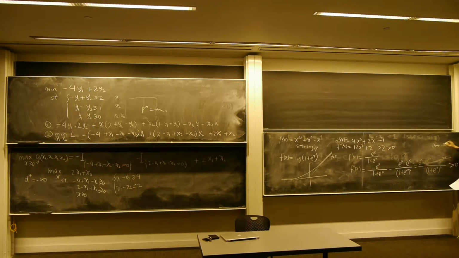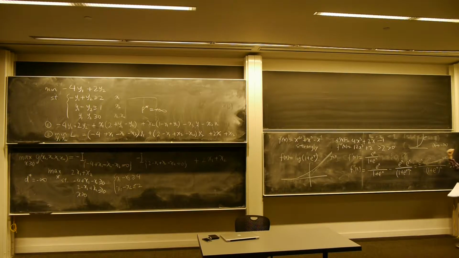Remember, the function e^x looks like this. It's 0 at negative infinity. So this is 0, this is 1. You get 1 in the denominator. You get 0 on the numerator. So you get 0 curvature towards that end.